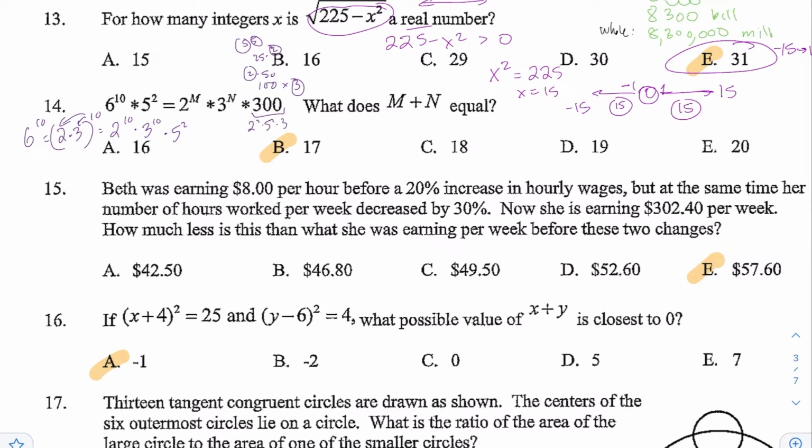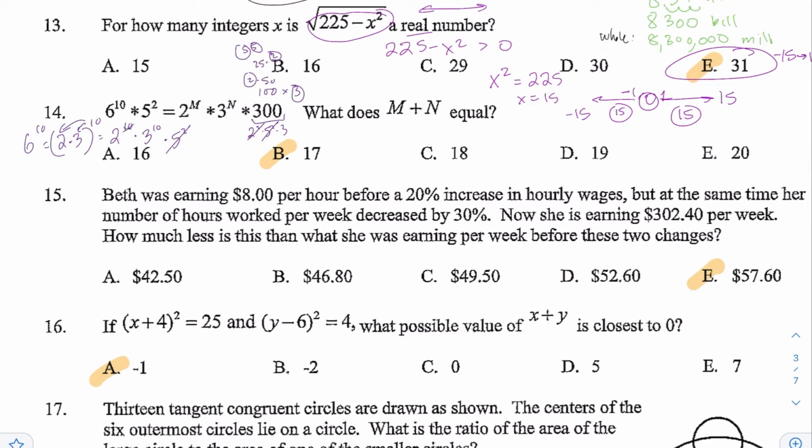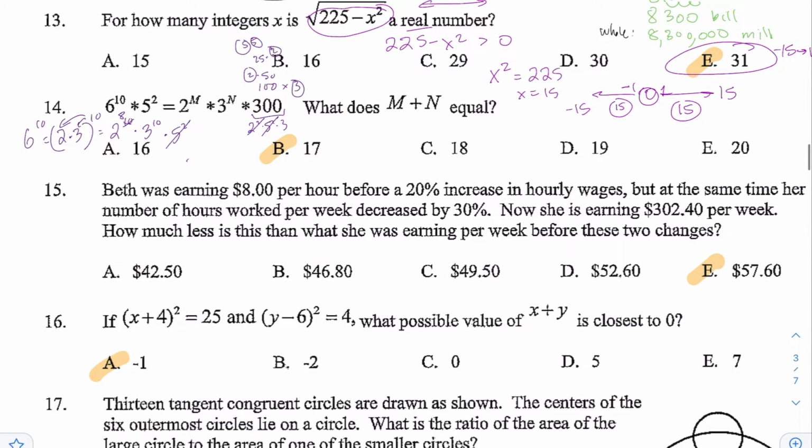So here you can cancel out the 5 squared on both sides, and then you can cancel out 2 of the 2's. So this 2 would just turn into an 8. You have 2 raised to the 8 times 3 raised to the 10th is equal to 2 raised to the m times 3 raised to the n.